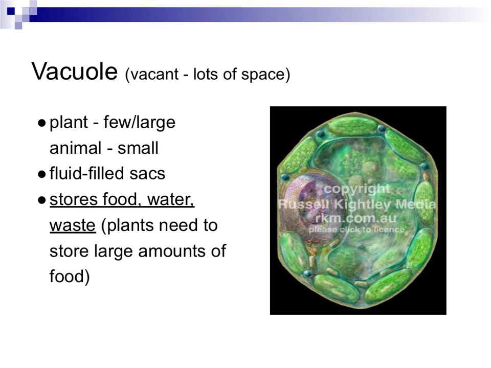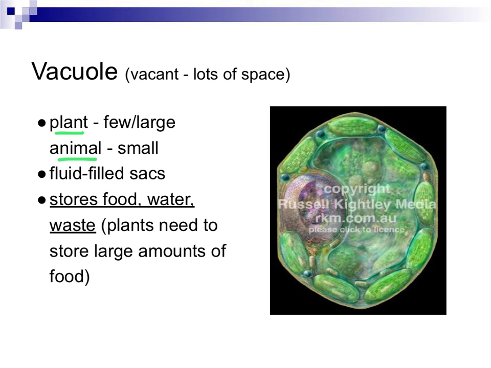A vacuole is a storage place. In plants, the vacuole usually is very large, and there's a large central vacuole in plants. In animals, they have vacuoles, but usually they have many small vacuoles. So it's the difference between like a plant, it would look like a garage, an animal cell would look more like a house with lots of little closets.